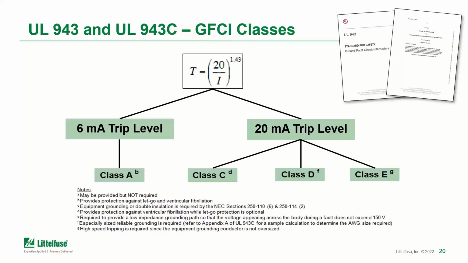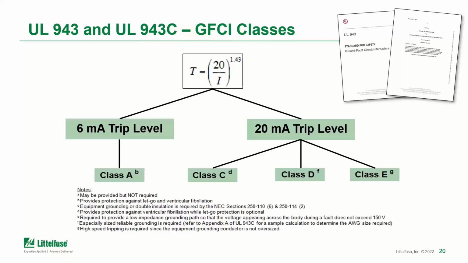This really varies wildly depending on the equipment and the site, but as a general statement, that 20 milliamp fixed trip level provides that slightly higher level that allows the device to be more stable in an industrial area.